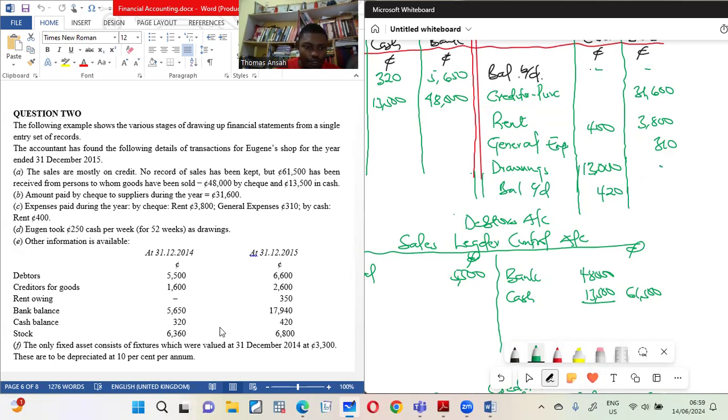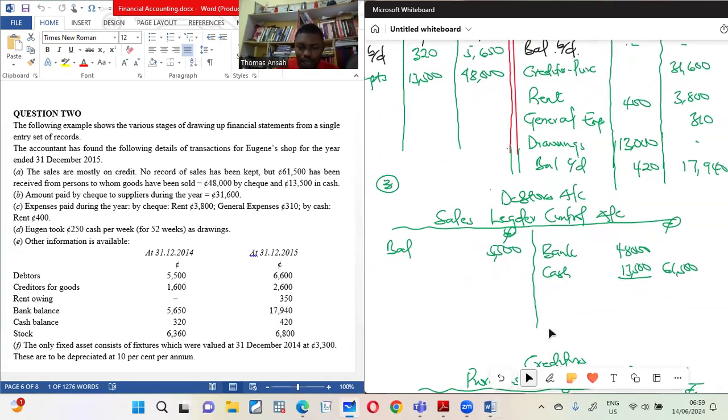Then the balance carried down for this one is 17,940. So that is what we have here. So let's total to find out if there is any difference. All right. Normally, there shouldn't be any difference. But if there is a difference, and the difference is at this side, that would have been drawing. All right. So take note of that.